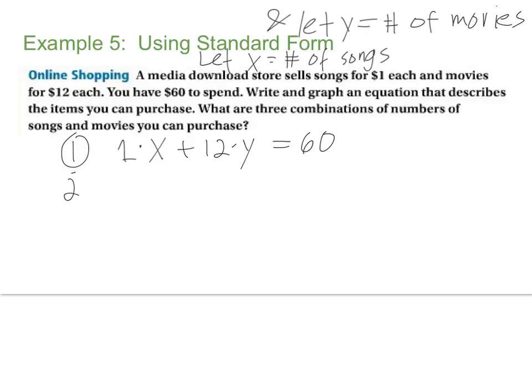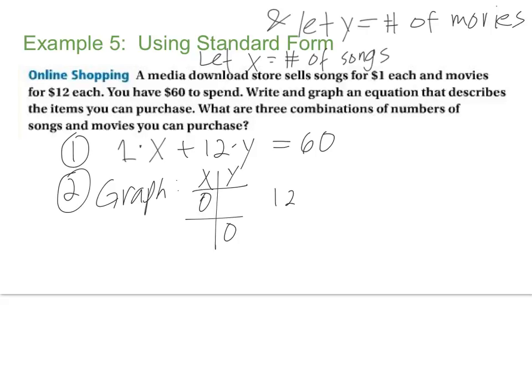The second part is we would like to graph, so I'm going to make a tic-tac-toe table, because that's how we work it. 0 on one line, 0 on the other, but never 0 in both places in most cases. So when x is 0, I can really just get rid of x, and what I really have is 12y equals 60.